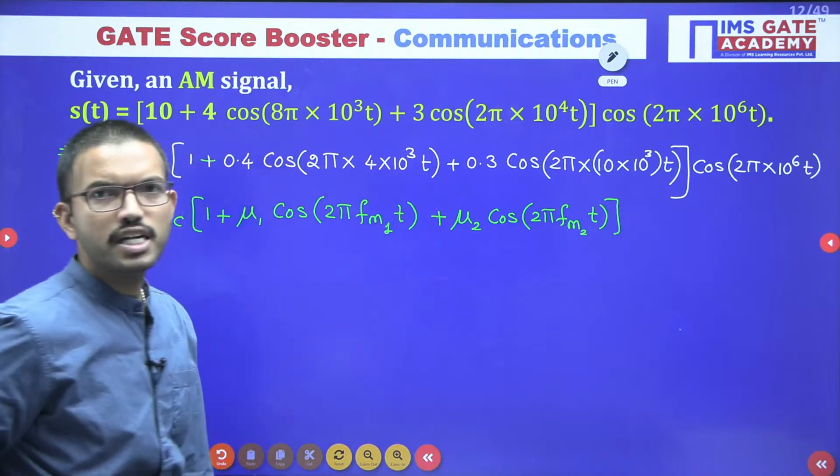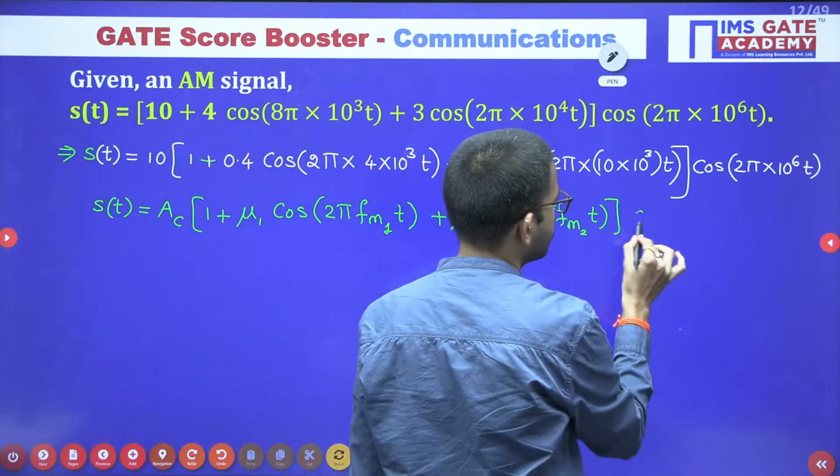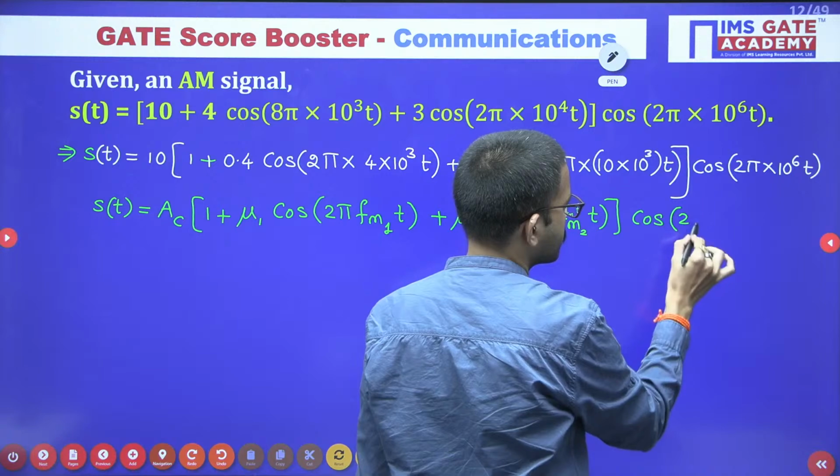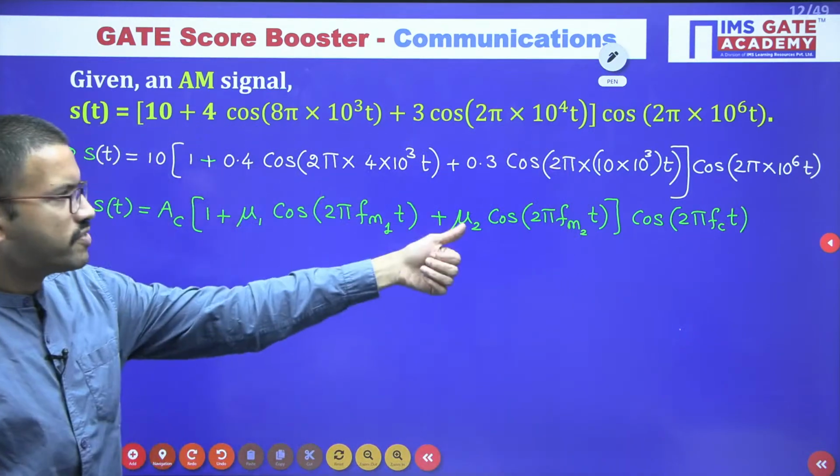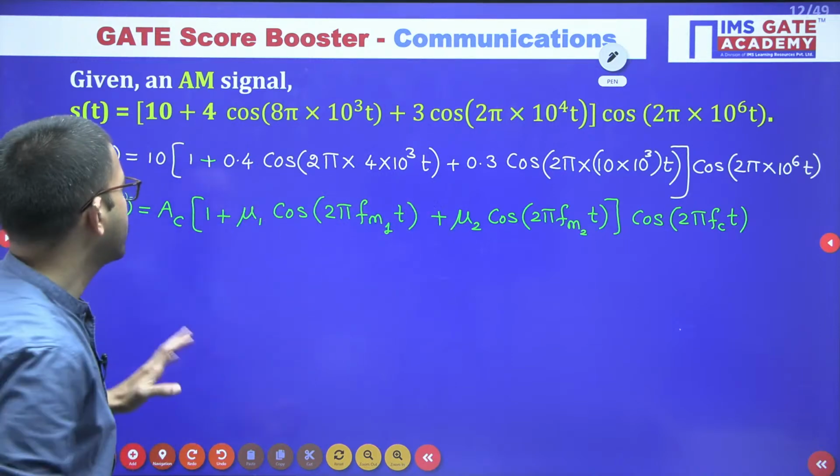The overall term we have to multiply with cos 2 pi fc t. So Ac into cos 2 pi fc t is nothing but the carrier signal, right?